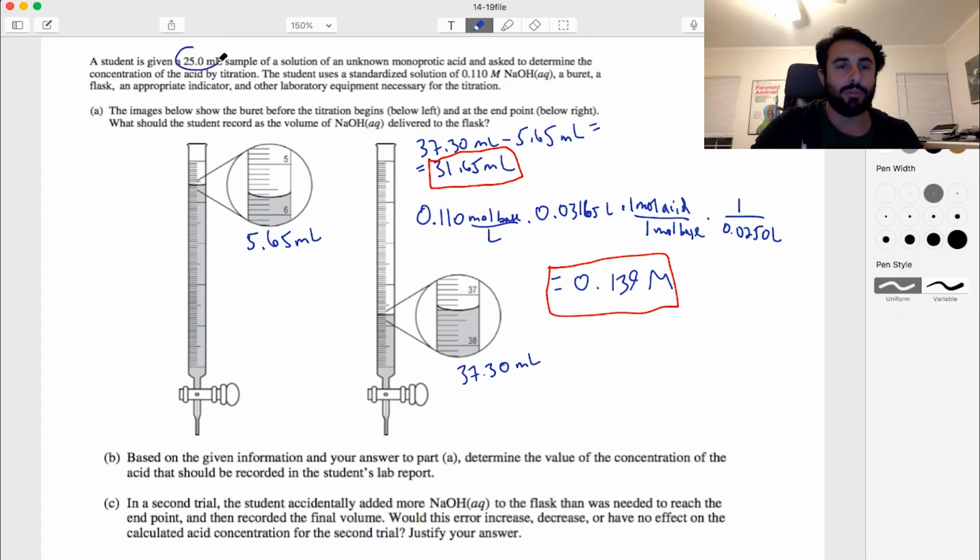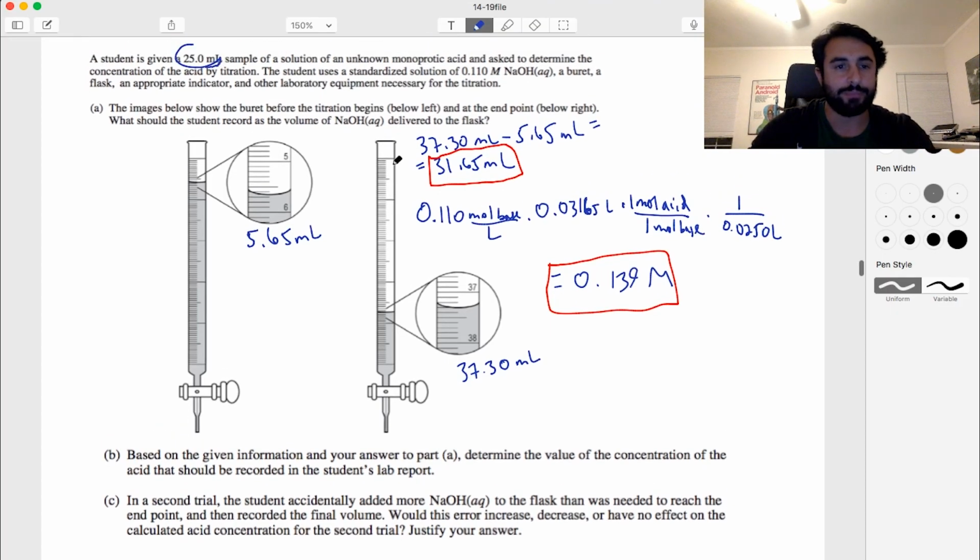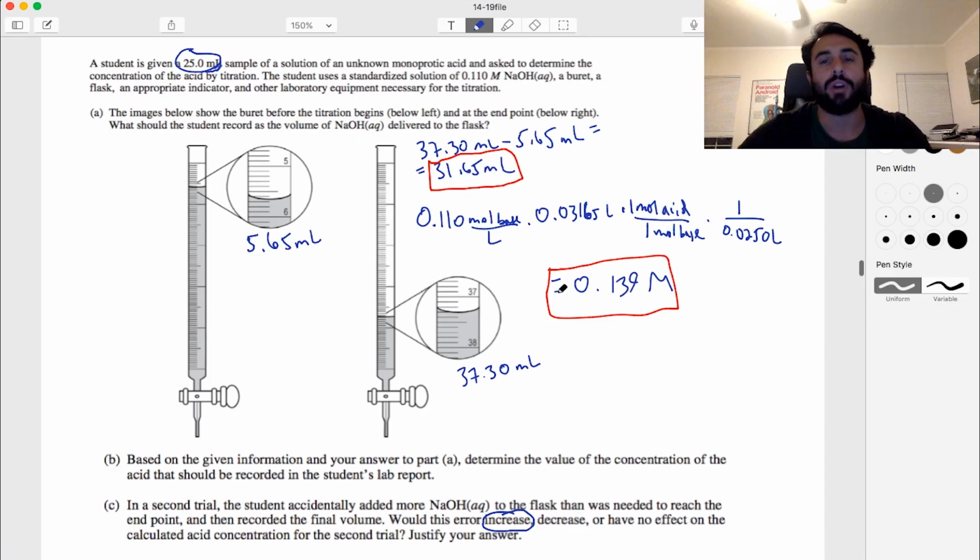The initial volume was 25 milliliters, right? And so if we have too great a number for the moles, this will increase the calculated acid concentration. So that's pretty straightforward. You accidentally added too much base, then it would appear that there's more acid than there actually is, which means a greater concentration. So this was a pretty straightforward one regarding titration.